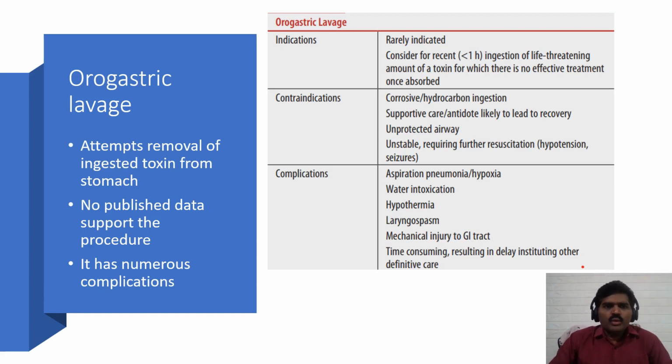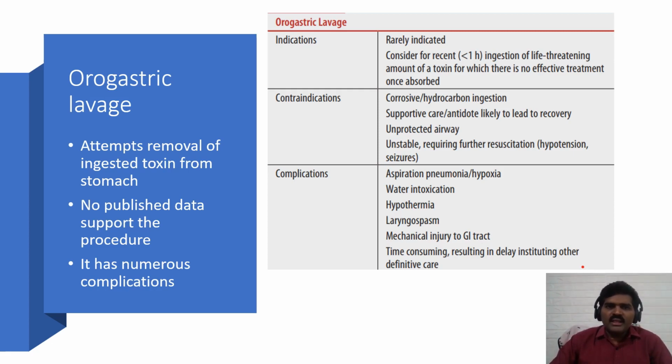Coming to the orogastric lavage, it attempts to remove any ingested toxin from the stomach. There is no published data that support performing this procedure, and there are numerous complications like injury to the esophagus, gastrointestinal tract, the stomach, and chances of inducing vomiting, and by vomiting there can be aspiration and chemical pneumonitis.